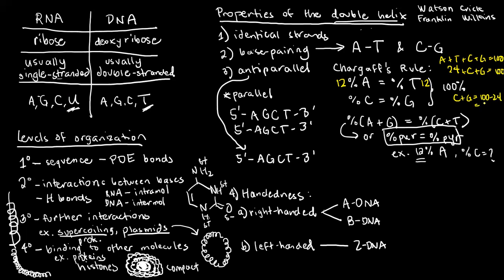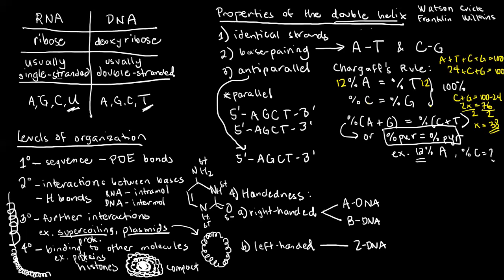So 100 minus 24 is 76. Now, remember that since C is equal to G, we could think of them as x plus x, right? Because they're the same. So x plus x is 2x. So basically, to solve this, you have to divide both sides by 2. X is equal to 76 divided by 2, or 38.